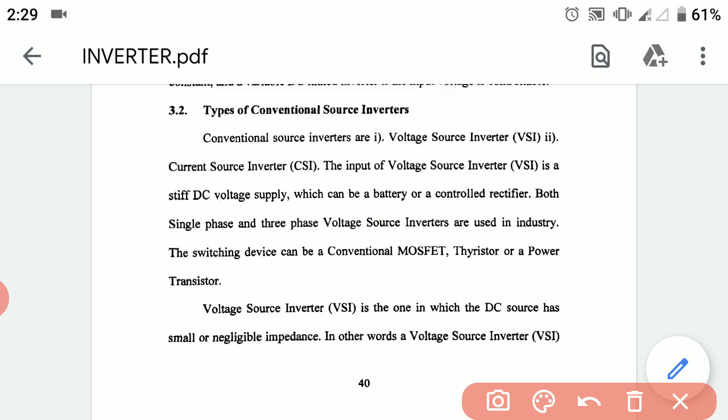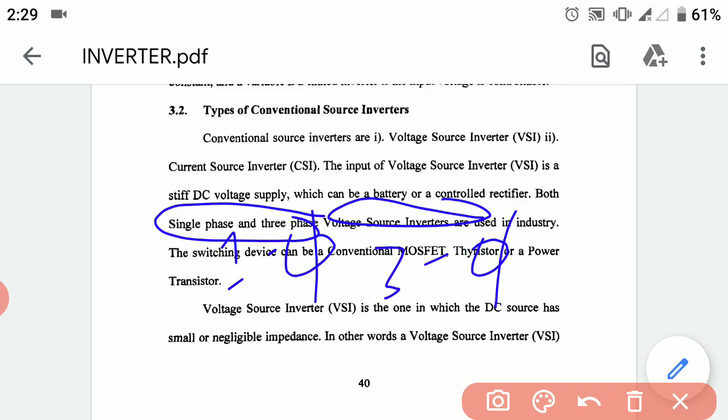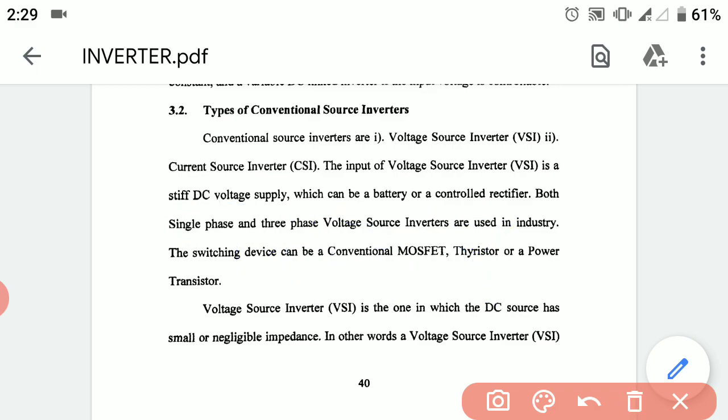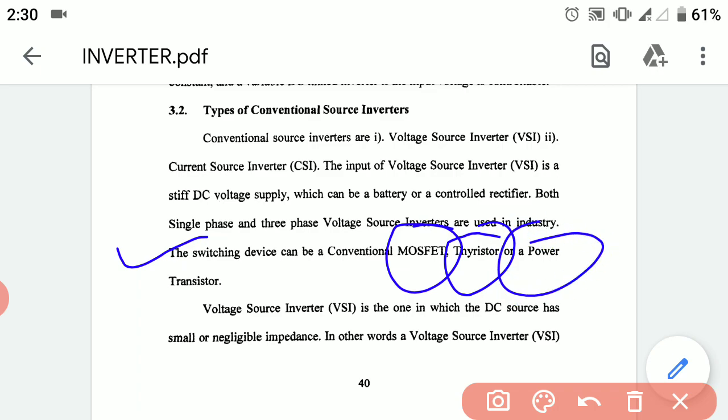Now these voltage source inverters can be single phase or three phase inverters. The important point here is that these voltage source inverters can be constructed using a thyristor, that is SCR, a MOSFET, that is field effect transistor, or a power transistor.